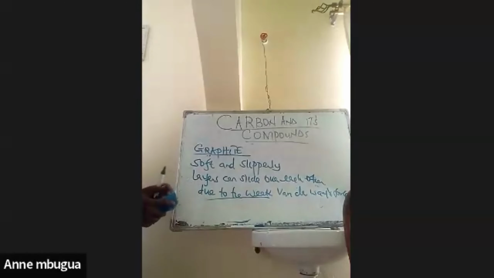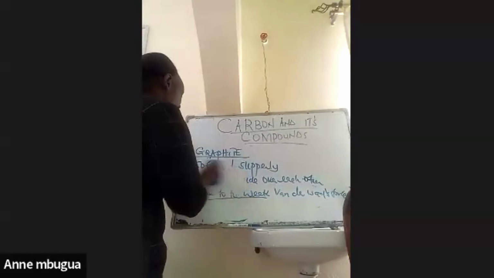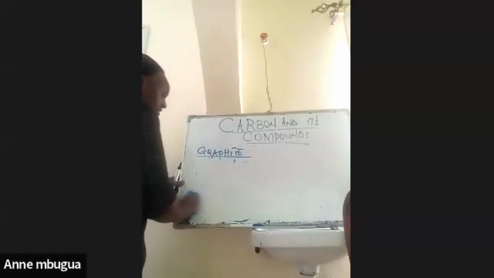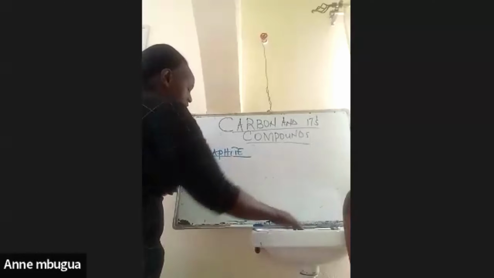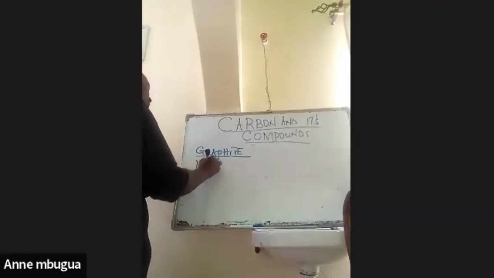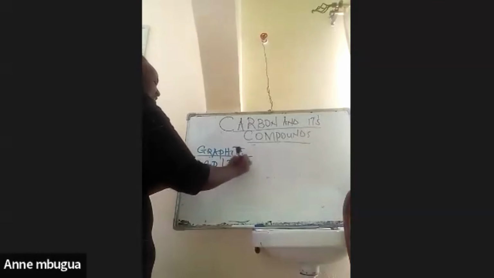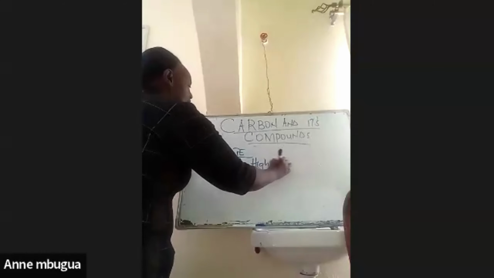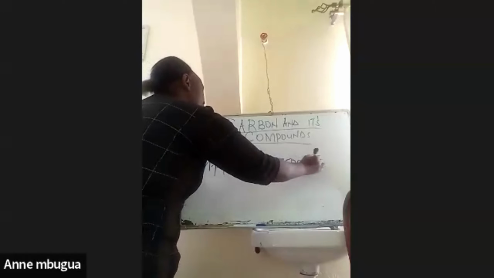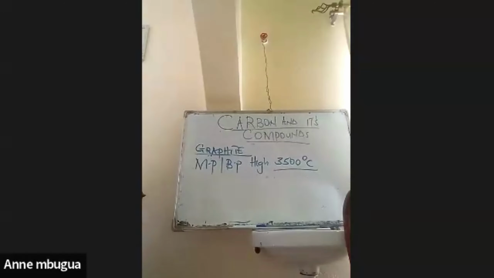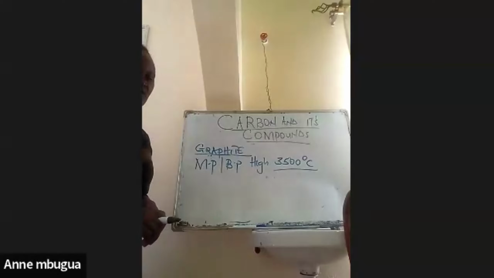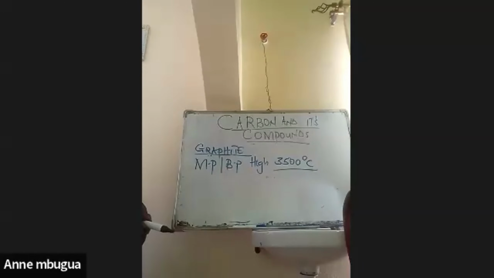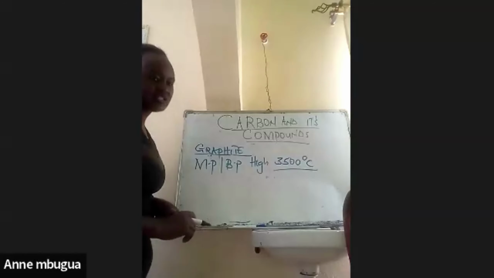Graphite has a high melting point and boiling point of around 35 degrees Celsius.